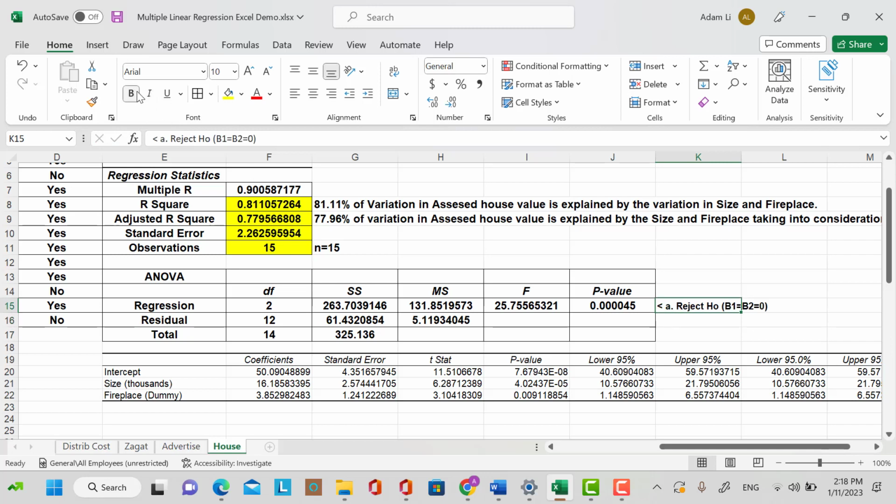So since we reject this, that means there's a linear relationship.